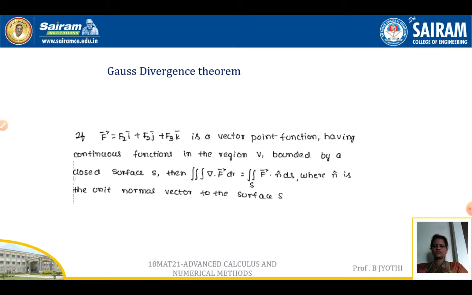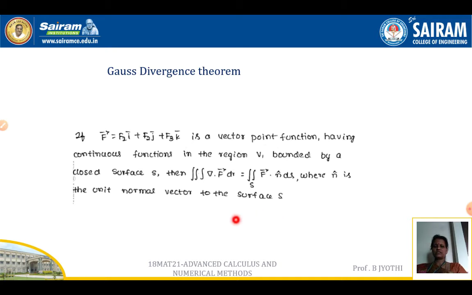The Gauss divergence theorem states that if a vector f equal to f1 i plus f2 j plus f3 k is a vector point function having continuous functions in the region V bounded by the closed surface S, then the volume integral of del dot f dv is equal to the surface integral along the surface S of f dot n cap dS, where n cap is the unit normal vector to the surface.